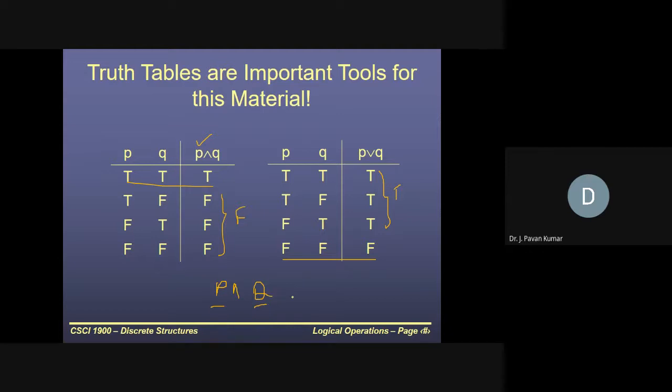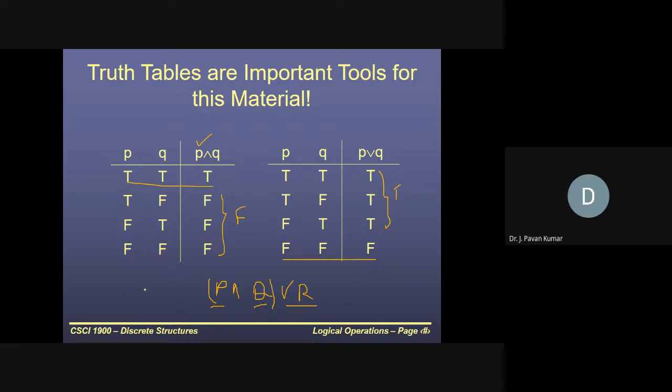If you have more than two, then we can consider it a compound statement. P and Q is one statement. If you put another statement like R, P and Q and R, like that, then we can consider it a compound statement.